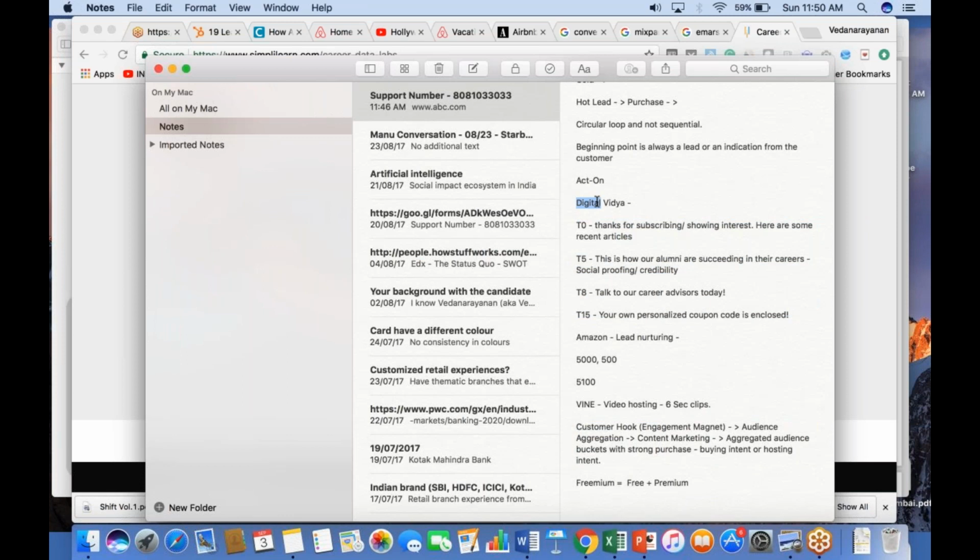So let's say you are a company which is selling non-standard products like Digital Vidya. You would have this kind of a playbook wherein you send multiple emails. First three emails are for establishing your credibility as a thought leader or as a fountainhead of knowledge in this particular domain. Also bringing in a certain level of social proofing, talking about how other people who've used your brand have succeeded in their careers, giving customers an opportunity to either try out your products for free or talk to your career advisors.